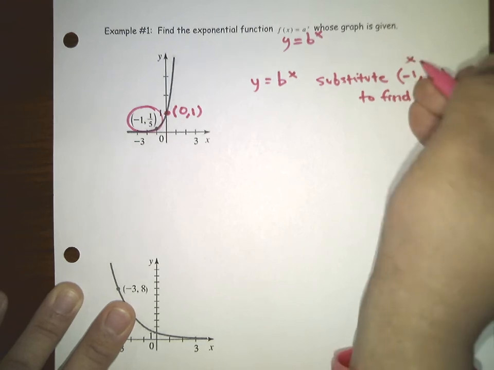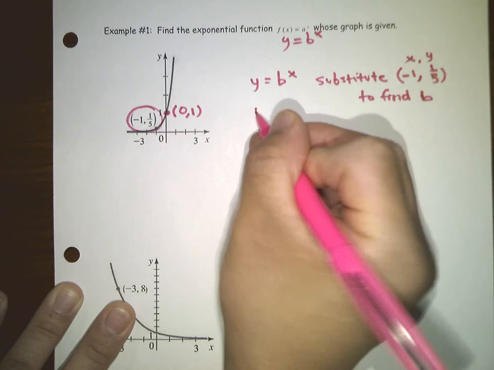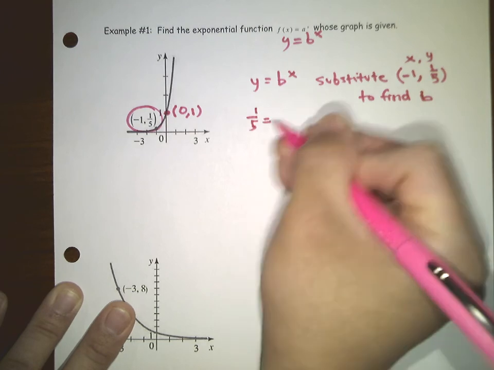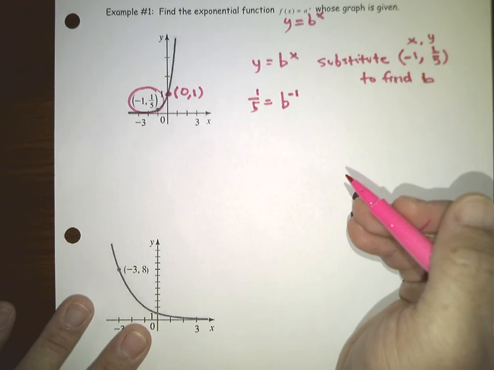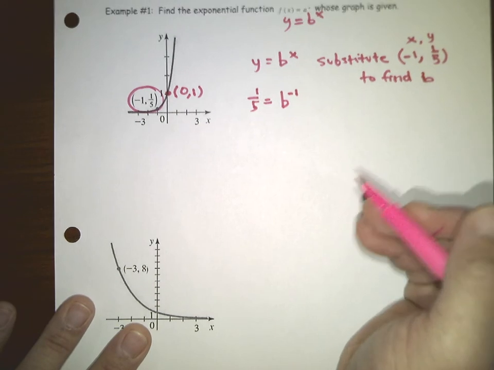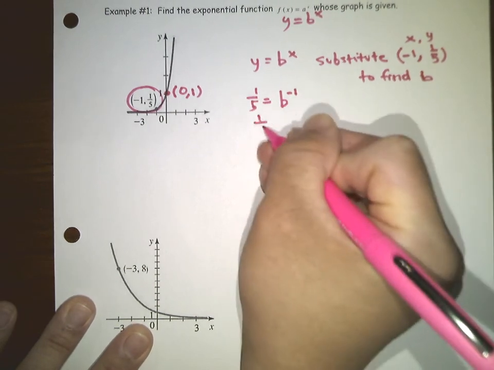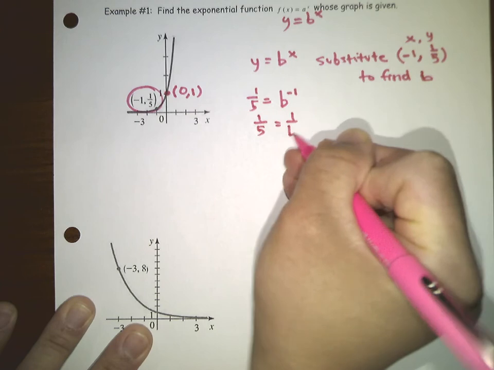So this is x and that's y. So we have 1/5 is equal to b to the -1. And then b to the -1 means 1 over b. So 1 over 5 equals 1 over b.